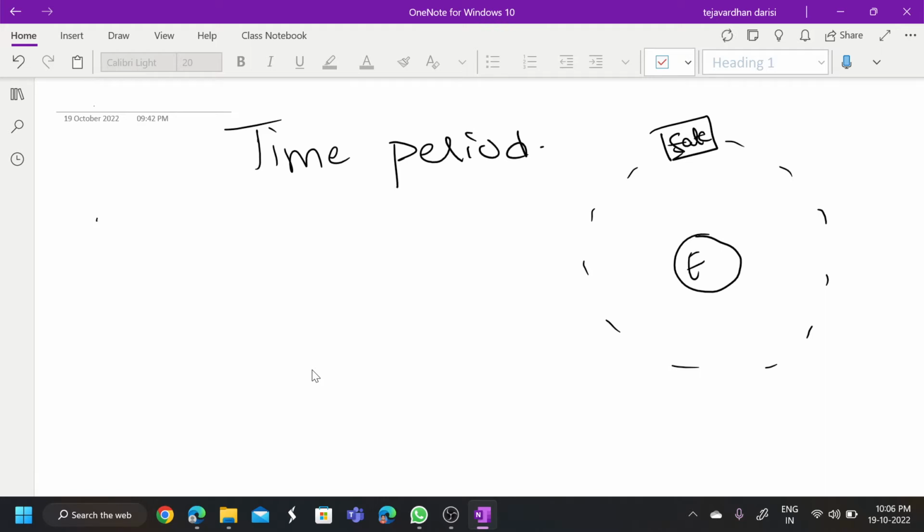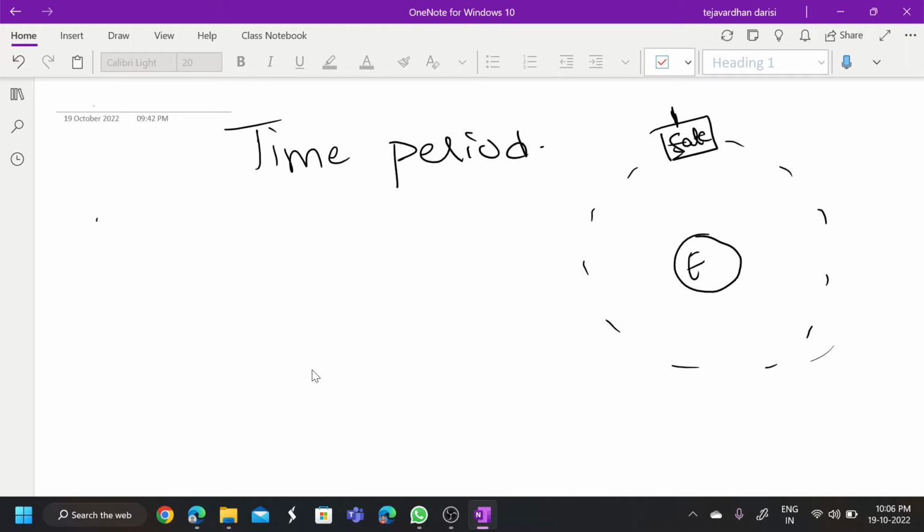The time required to complete one revolution around the earth and again come to the same point is called the time period of one revolution. So how much time is required for the satellite to complete one revolution around the earth? That time we call the time period of the satellite. That is the concept.